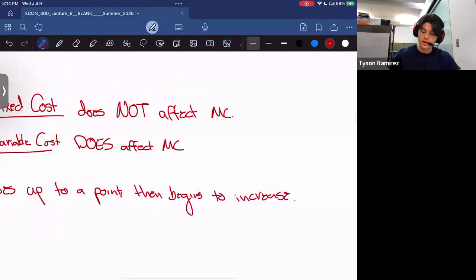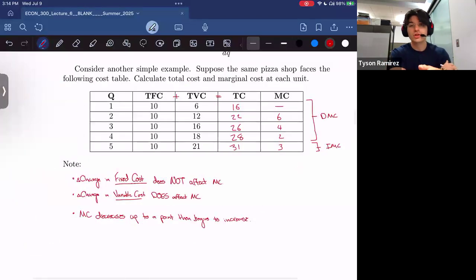All right. This type of stuff should be familiar from your principles of micro class, wherever you took it. But we're just, one, refreshing it, and two, trying to formalize it a little bit. But these are the basics.